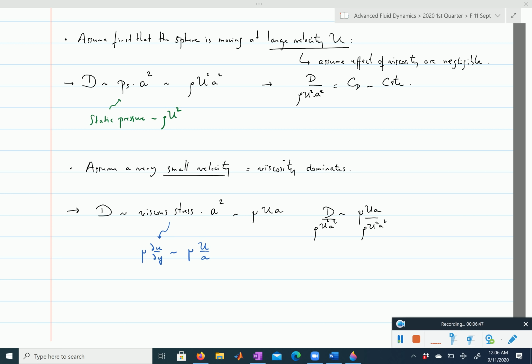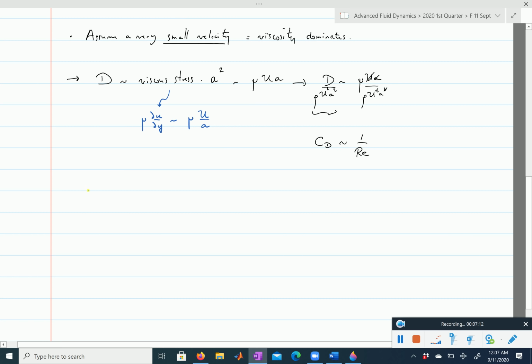So this yields, this here is my drag coefficient, and that here you will recognize, u cancels, a cancels, is 1 over the Reynolds number.